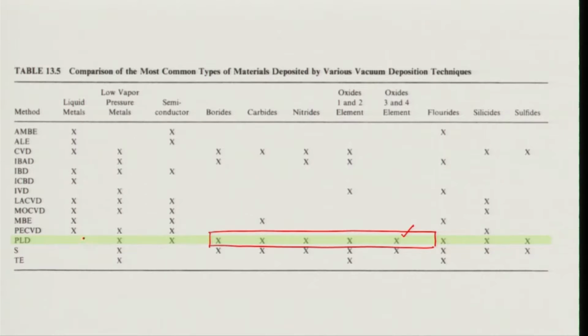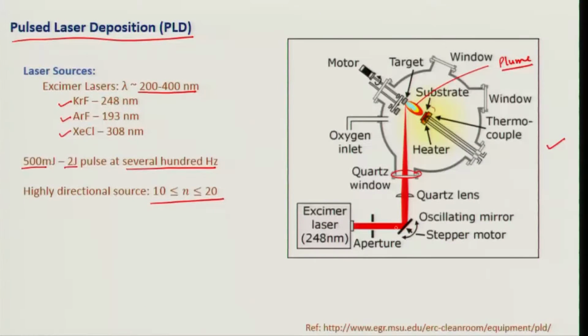And almost all kinds of materials: low vapor pressure metals check, semiconductors check, fluorides, silicides, sulfides check. You can also adjust the stoichiometry of oxides if you want to. Usually this is done in an inert atmosphere in the presence of argon, but you can have oxygen, or nitrogen if you want to deposit a nitride.